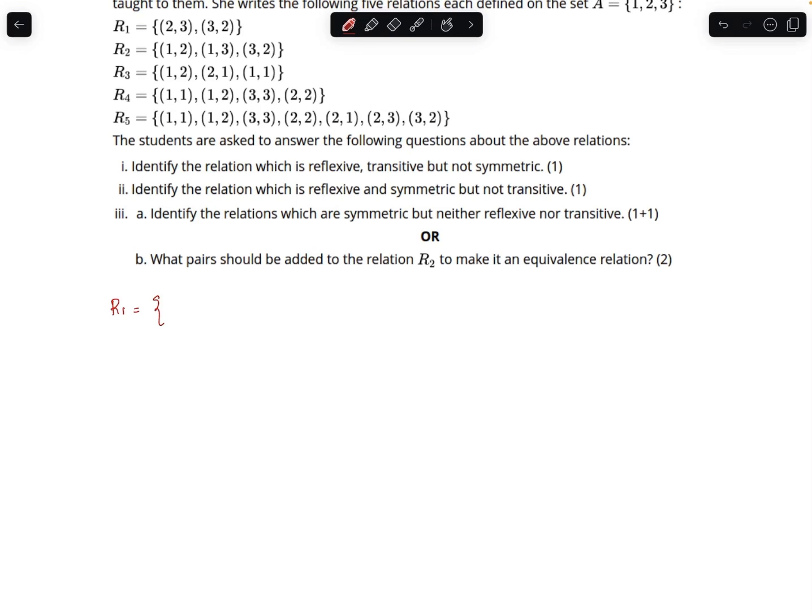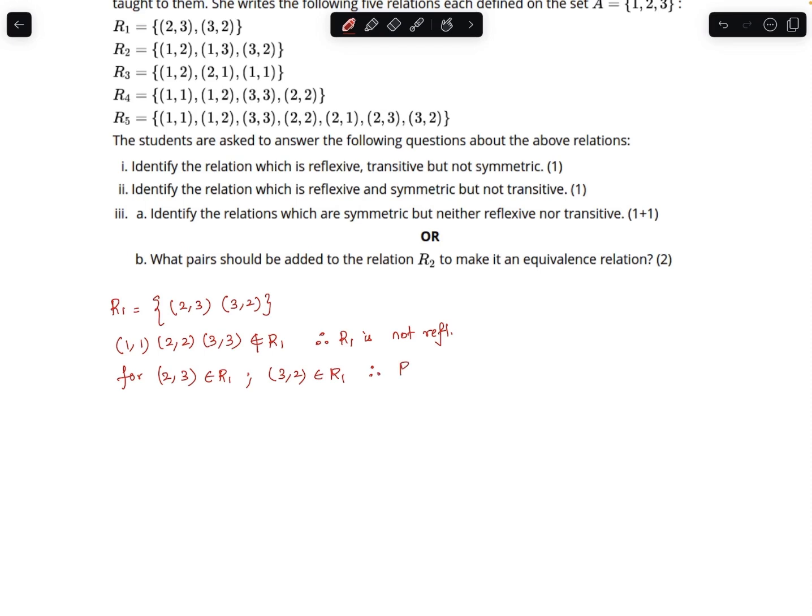R1 is... 2, 3 and 3, 2 are the ordered pairs in it. The ordered pairs 1, 1, 2, 2, 3, 3 are not there in R1. Therefore, R1 is not reflexive. For 2, 3 in R1, 3, 2 is there in R1.